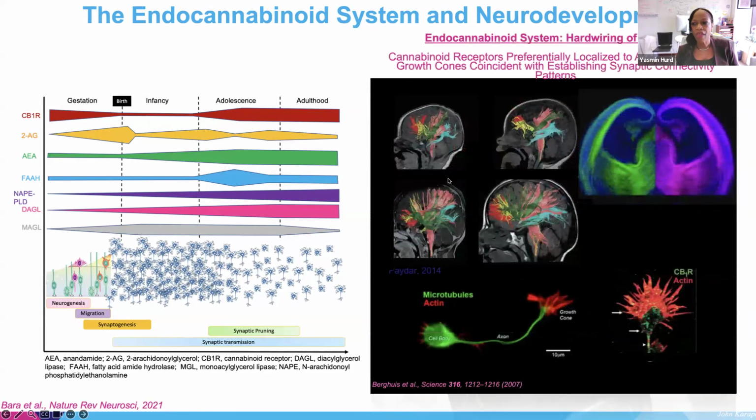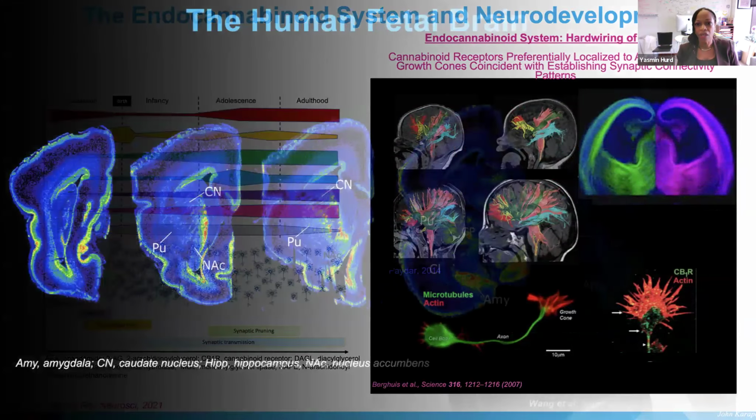So we know from a number of studies that the endocannabinoid system is actually critical for hardwiring of the brain. How the neural pathways are set, the synaptic connectivity, these are really highly regulated by the endogenous cannabinoid system.